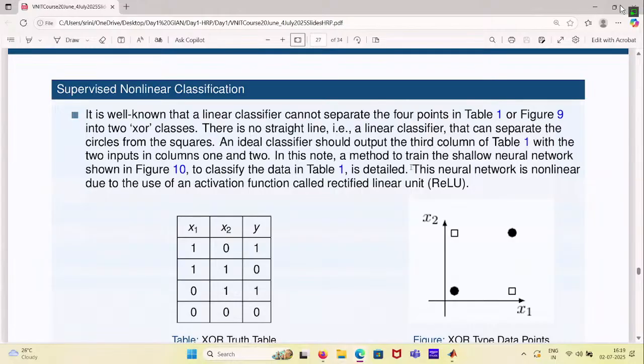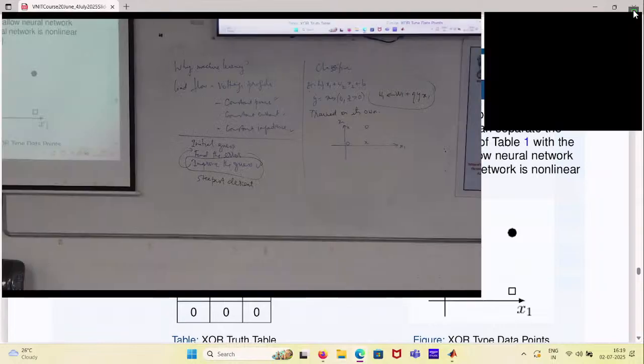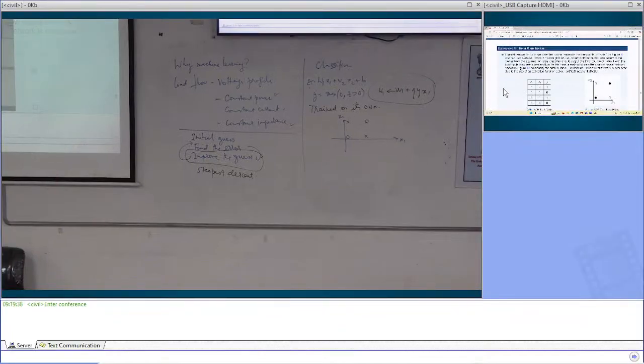What do we need to do to separate the two? Draw a classifier, any type of classifier, linear, non-linear, whatever. Is there a classifier which will separate the two?